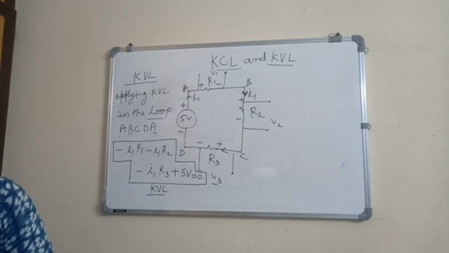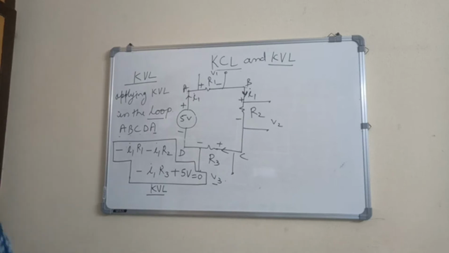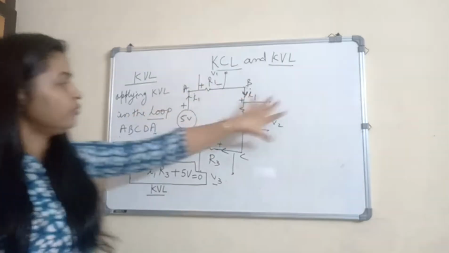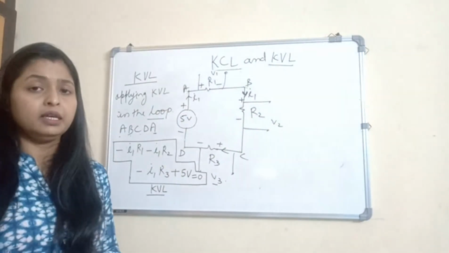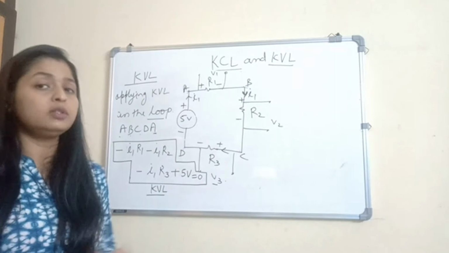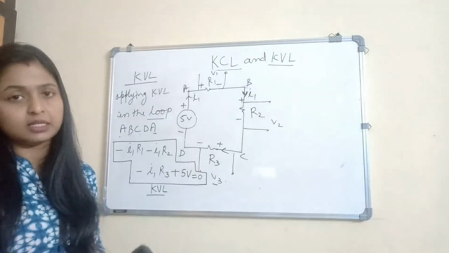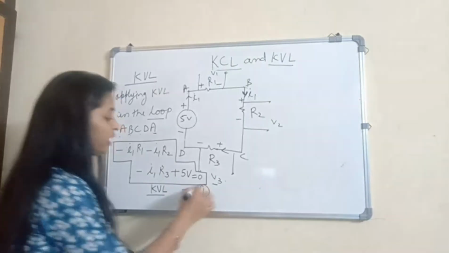Now we need to see how we solve these simultaneous equations. Suppose this is only a simple circuit. Let's assume three or four more meshes or loops are there. The circuit becomes more complicated. In that case, how do we solve such complicated circuits, because the equations become more complicated? This is only one equation.